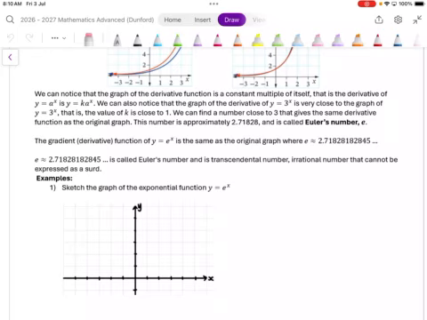So we're going to need to know where e is on our calculator. On our calculator, if we turn it on, e is the number 8, so shift 8 gets us e.